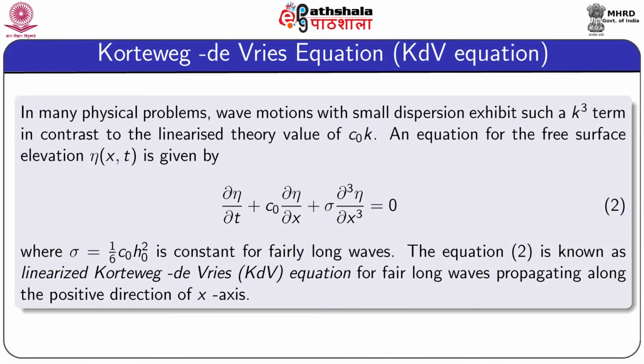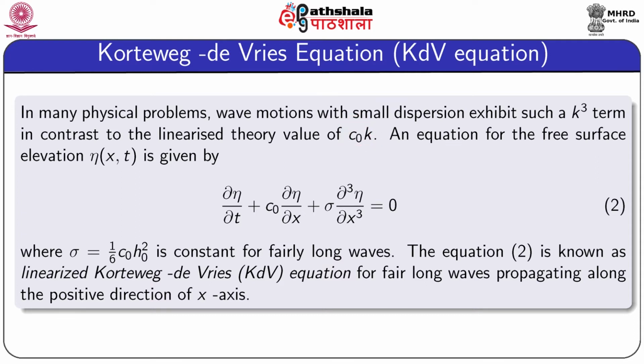In many physical problems, wave motion with small dispersion exhibits such a k cube term, whereas in the case of a non-dispersive wave, omega is only C0 times k.